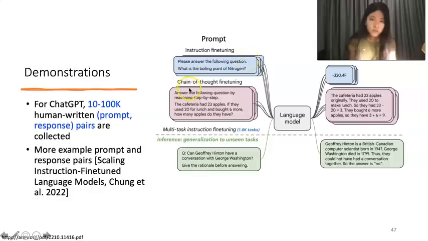Or you can use chain-of-thought fine-tuning: answer the following question by reasoning step by step. You give your query, and you walk through it step by step to let the language model generate a similar response according to your instruction. This is called instruction-following fine-tuning, or instruction tuning.